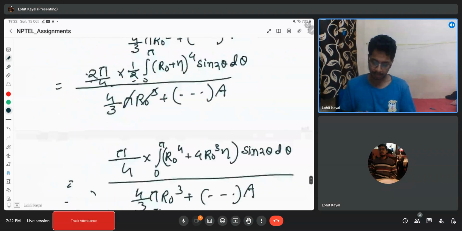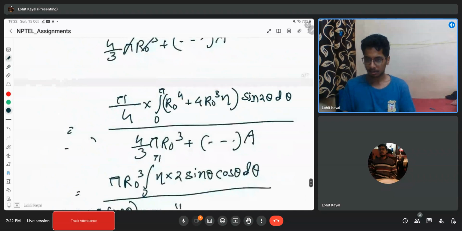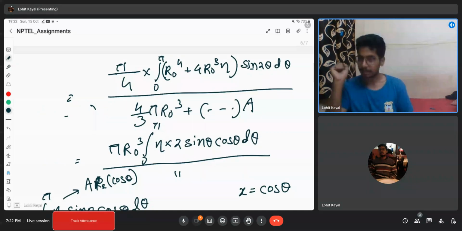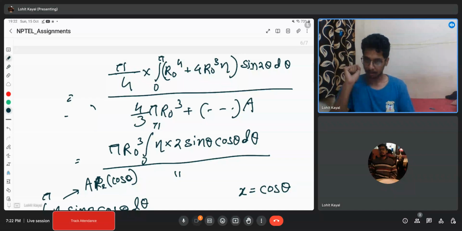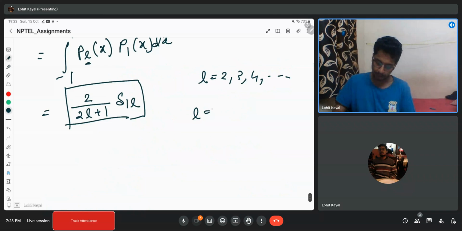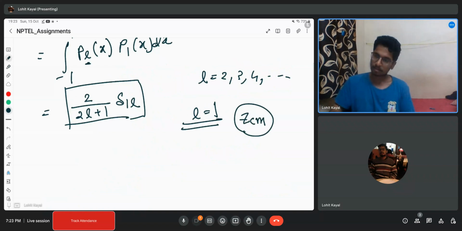That means the numerator will be entirely 0, the denominator is non-zero, so your ZCM will be 0. So the center of mass will stay at the origin. Now, if L equals 1, then the numerator is non-zero, and the denominator is already non-zero. So you will have a non-zero ZCM, right?